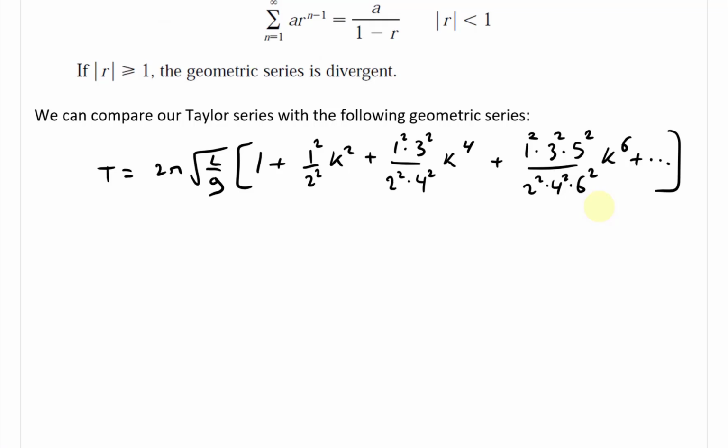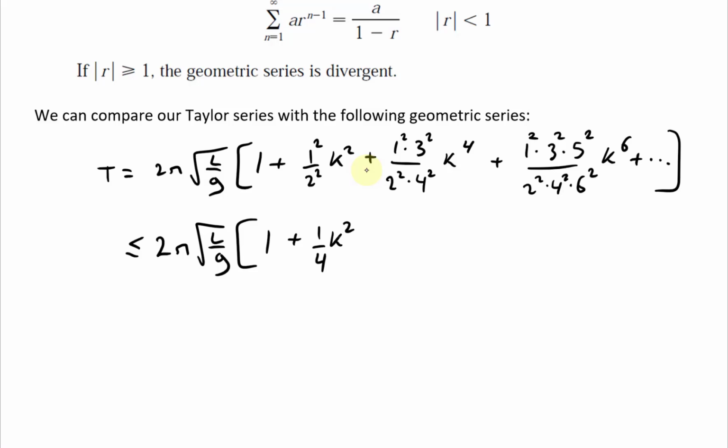So if we replace all of these with 1 over 4, this is going to be less than or equal to 2 pi square root of L over g, times the bracket 1 plus 1 over 4 k squared plus 1 over 4 k to the 4 plus 1 over 4 k to the 6 and so on.